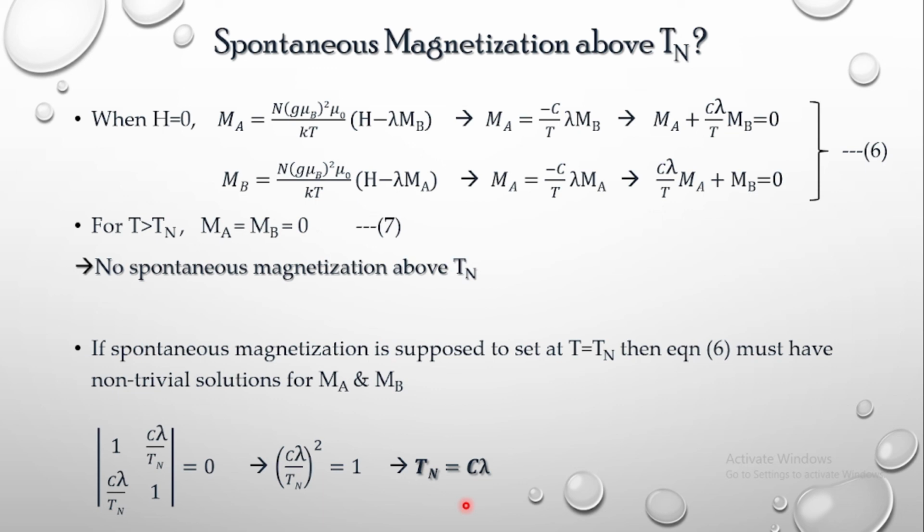But when experimentally checked, the Néel temperature Tn is generally less than the Curie temperature. Because this two-sublattice model is oversimplified and is not the actual case, the actual situation is more complicated than this. That's why the theoretical readings are one thing and experimentally there is some discrepancy in the readings.